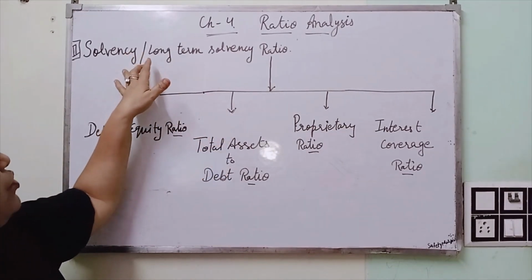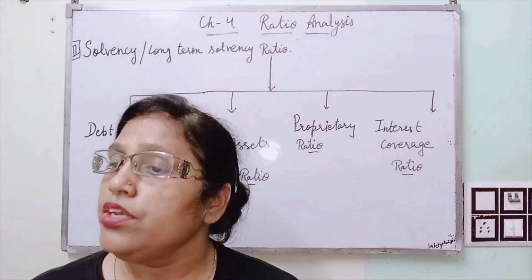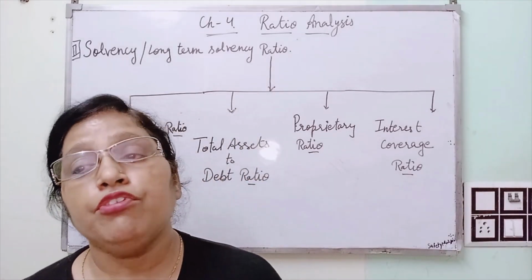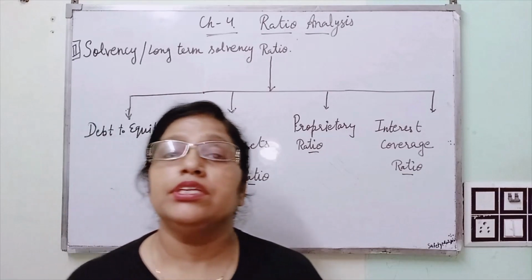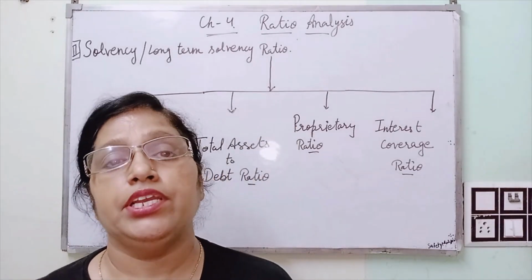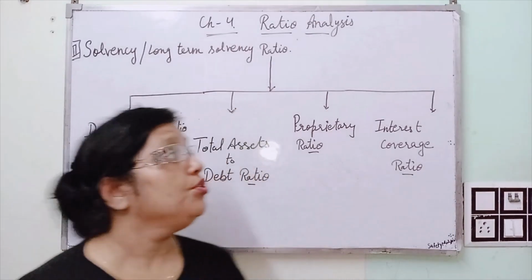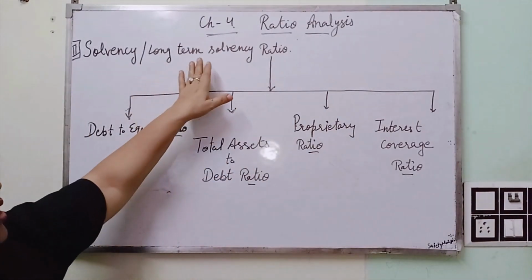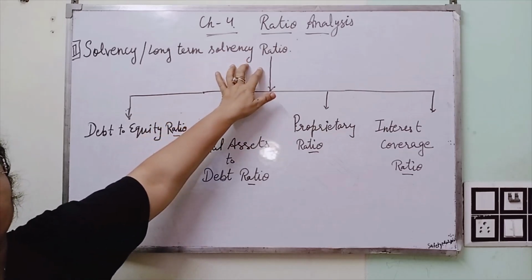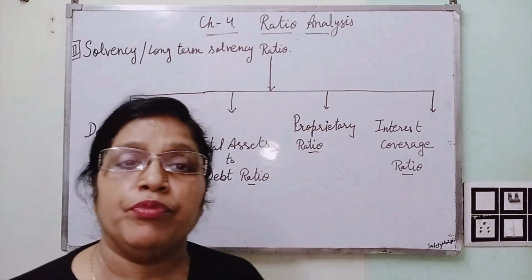So what do you mean by solvency or long-term solvency ratio? The ratios which show the ability of the firm or the business to meet its long-term financial obligations as and when they become due is known as long-term solvency ratio, or the other name is solvency ratio.